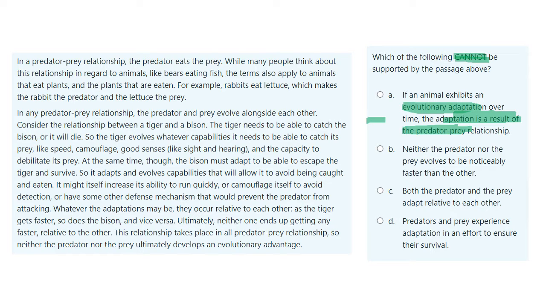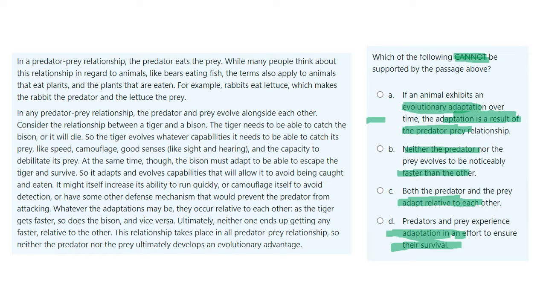B, neither the predator nor the prey evolves to be noticeably faster than the other. Neither one will get to be faster than the other one. C, both the predator and the prey adapt relative to each other, so in comparison to each other. Or D, predators and prey experience adaptation in an effort to ensure their survival. So do they adapt because they want to survive?